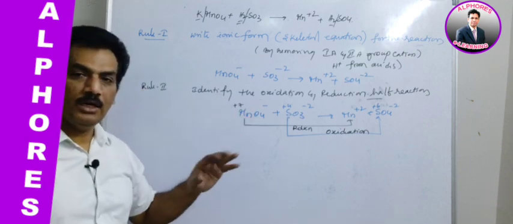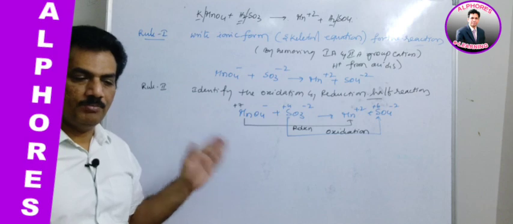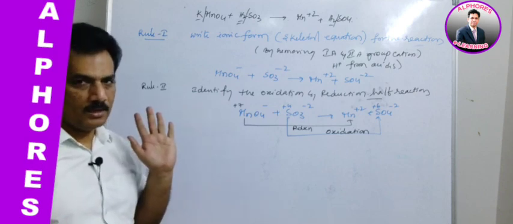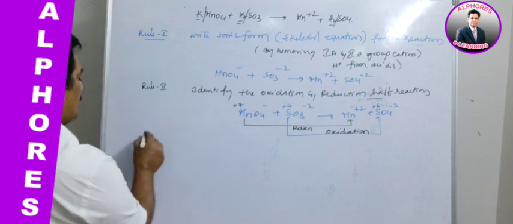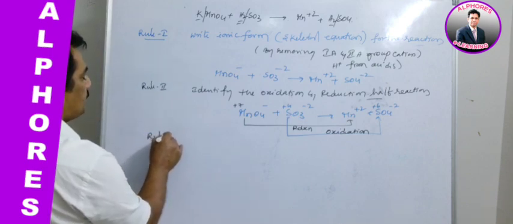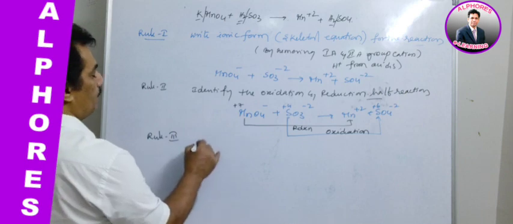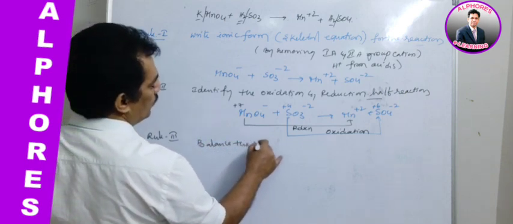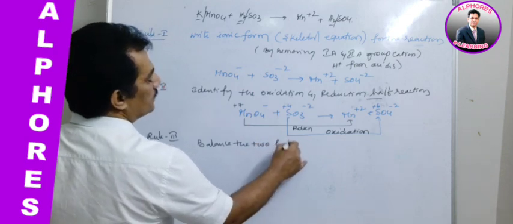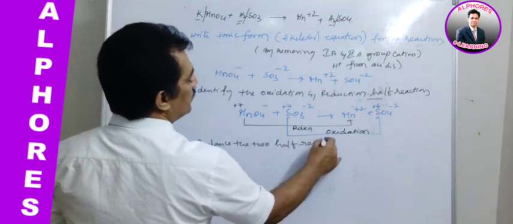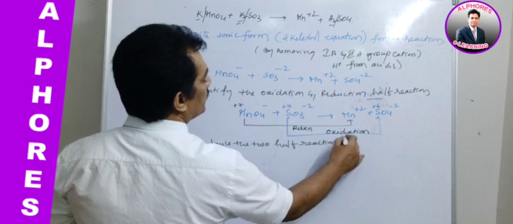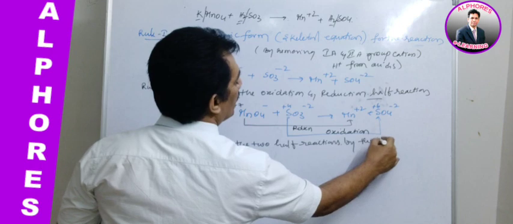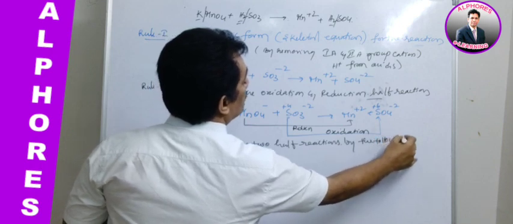We have to identify the two half reactions, that is oxidation half and reduction half reactions. Clear? And now coming to rule number 3. As per rule number 3, balance the two half reactions by the following steps.